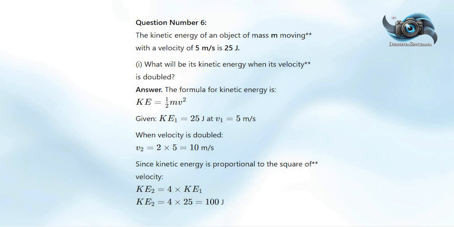Given KE1 equals 25 joules at velocity 1 equals 5 meters per second. When velocity is doubled, velocity 2 equals 2 multiplied by 5 equals 10 meters per second. Since kinetic energy is proportional to the square of velocity, KE2 equals 4 multiplied by KE1. KE2 equals 4 multiplied by 25 equals 100 joules.